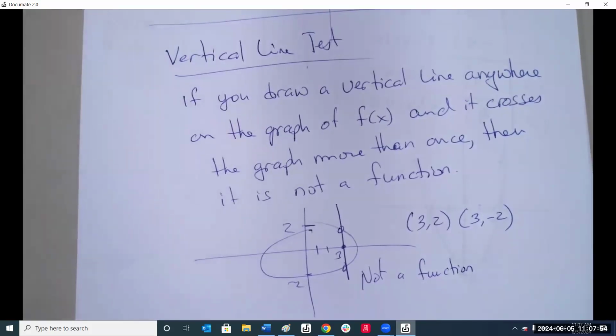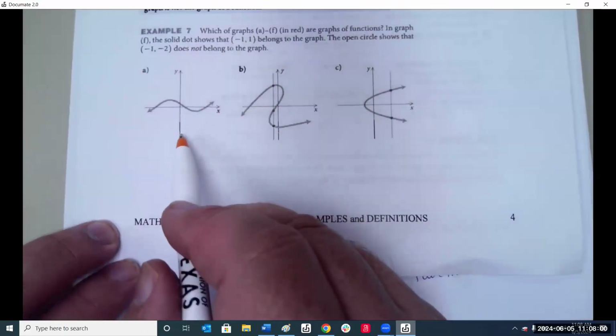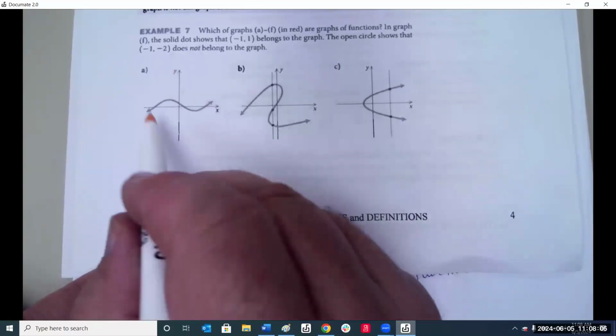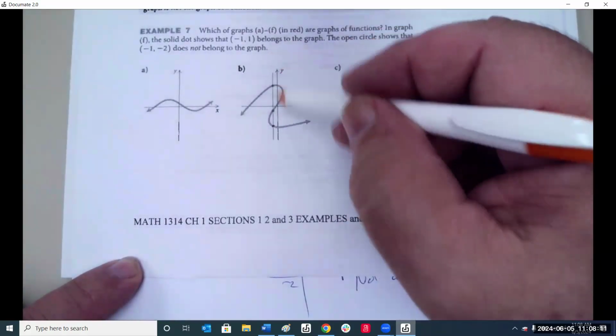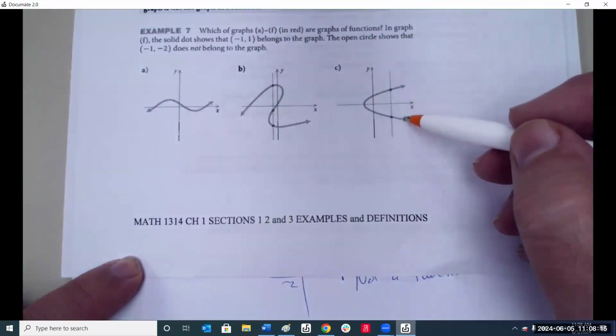Okay, really quick, we'll just do these and we'll call it a day. Is the first one a function? Yes, because I could draw vertical lines and never touch it twice. How about the second one? No, because if I draw a vertical line here, I cross it 3 times. Is this one a function?